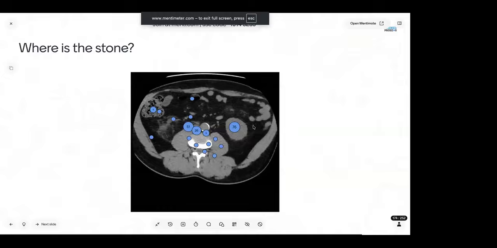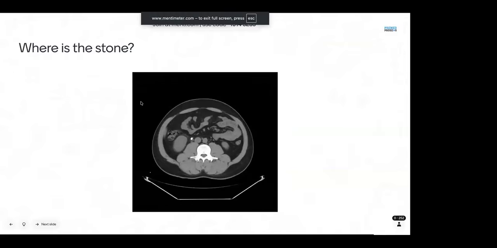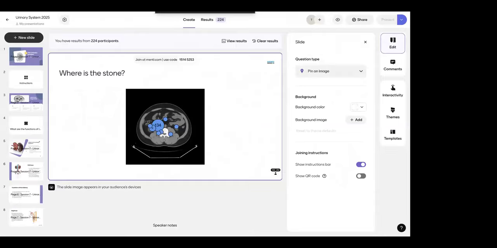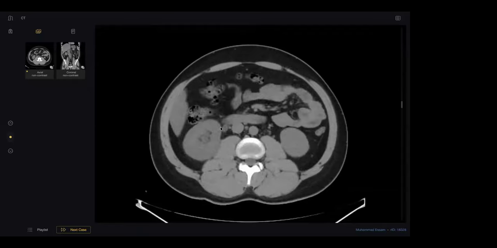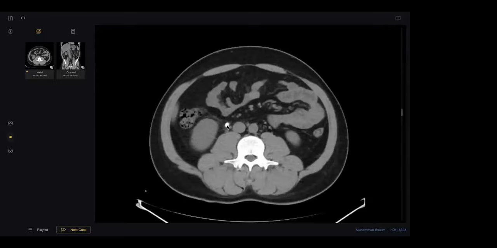Right, let's go to the next question. Where do you guys think the stone is? Wow, okay, you guys are very good. Well done. Most of you got it. The stone is right there on the right-hand side again. You can see the stone is here.